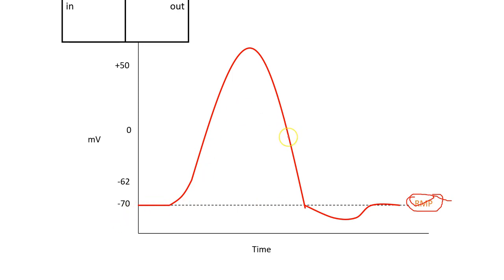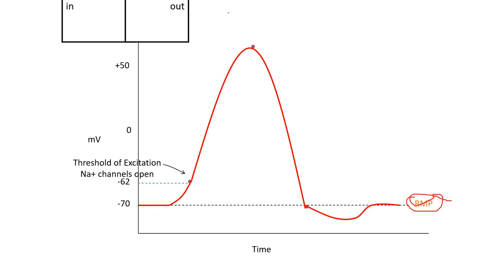And here's the general shape of the action potential. At rest, a neuron is at negative 70 millivolts. When the threshold of excitation is reached, which is negative 62 millivolts, we are going to generate the action potential. But at rest, the inside, shown here, is more negative compared to the outside.